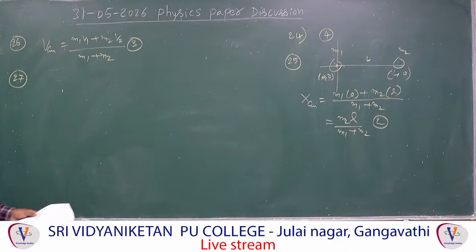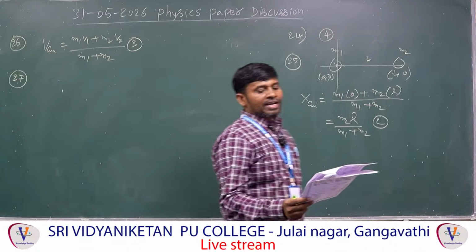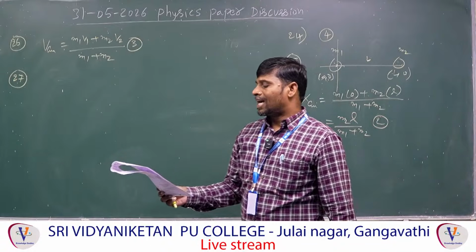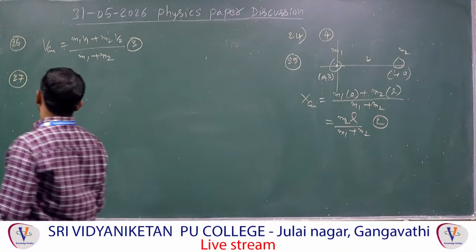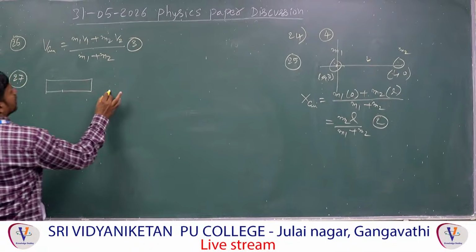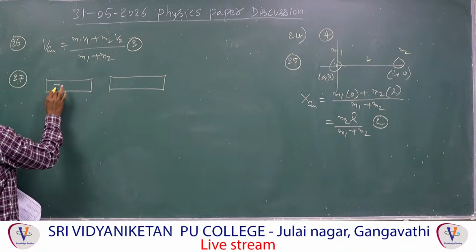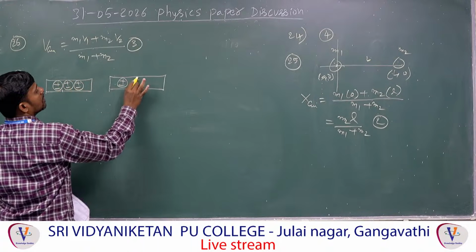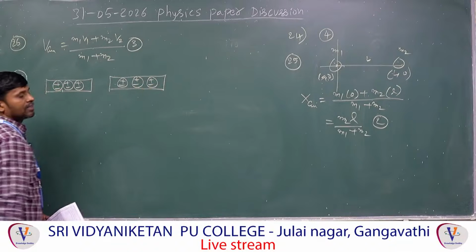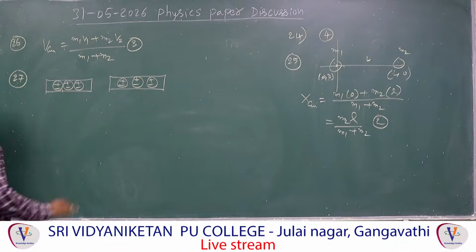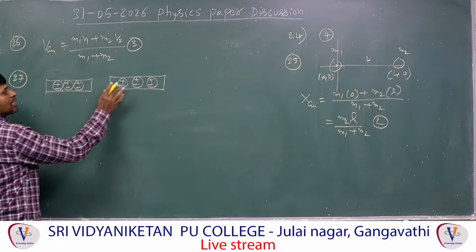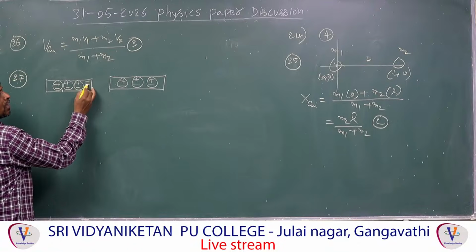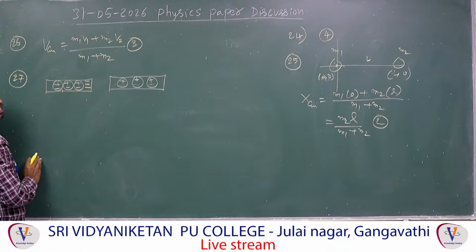27. Two spheres of equal masses A and B are given positive and negative charges respectively. Initially both bodies have equal mass and are neutral. What happens when electrons move from one material to another? Three electrons reach the other body.